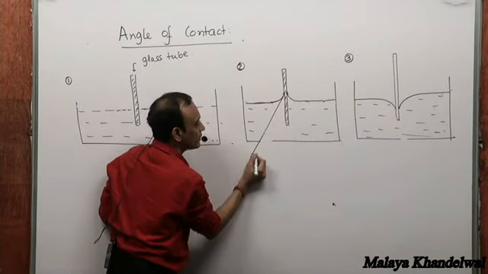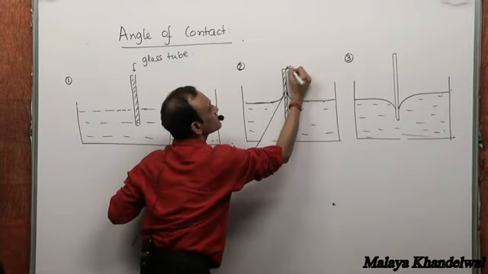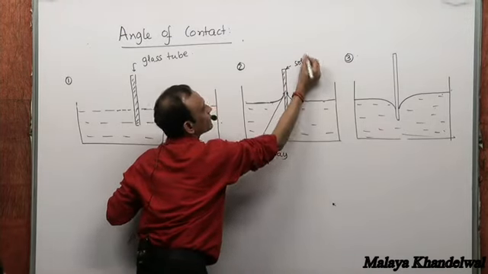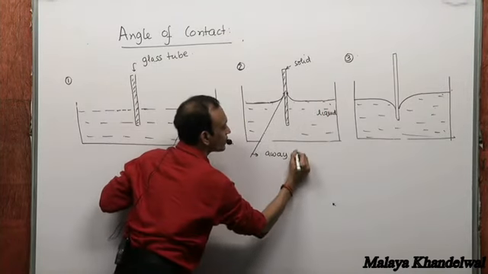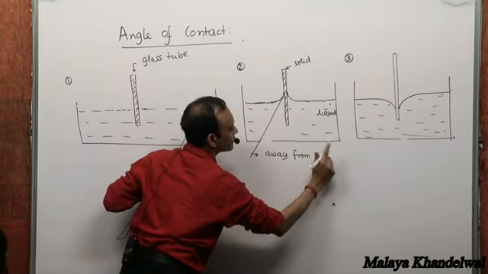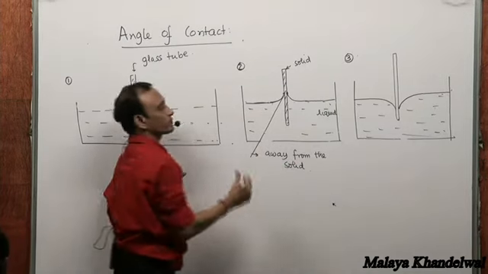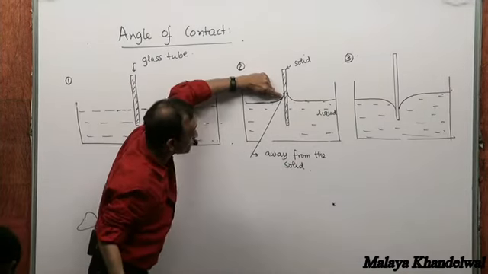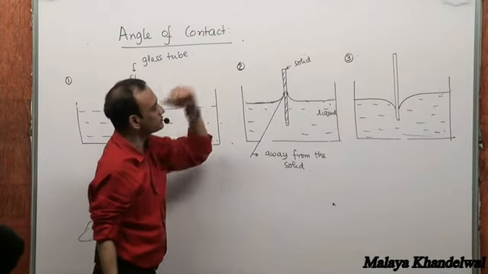This is my solid, right? That's the liquid. A tangent drawn away from the solid surface at the point of contact to the liquid.